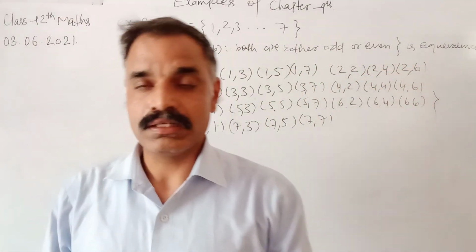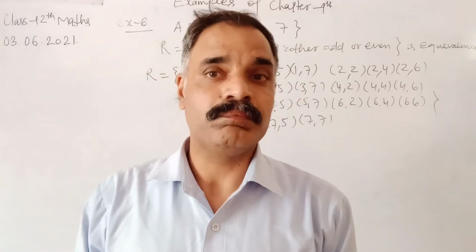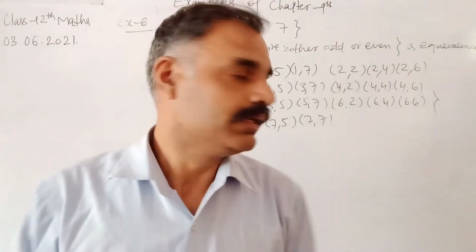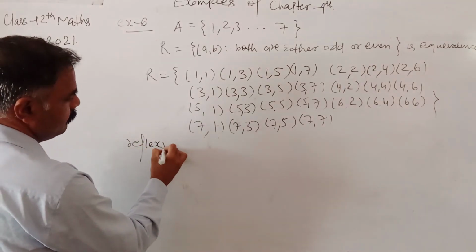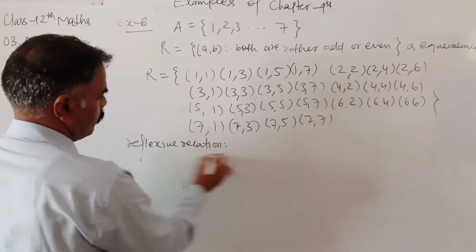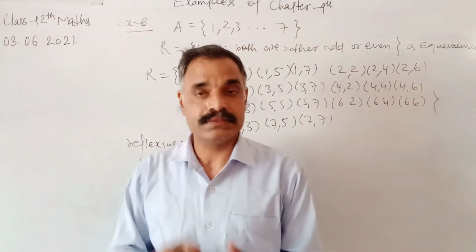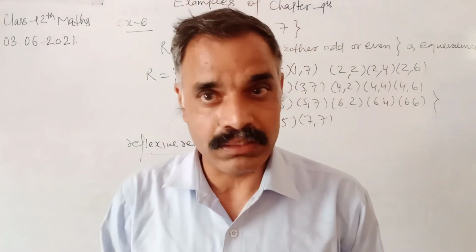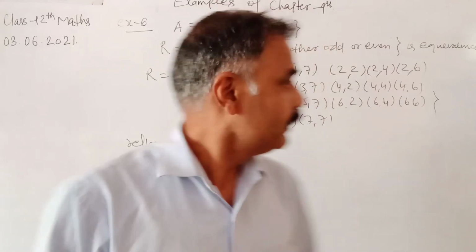To show the given relation is an equivalence relation, we have to show it follows the properties of reflexive, symmetric and transitive. First, reflexive relation. Reflexive relation means every element is related to itself, meaning 1 is related to 1, 2 is related to 2, 3 is related to 3.